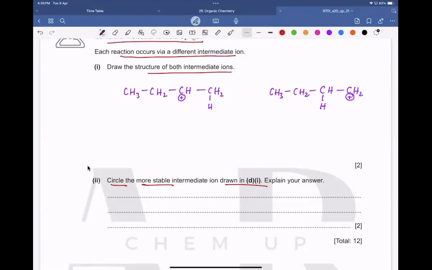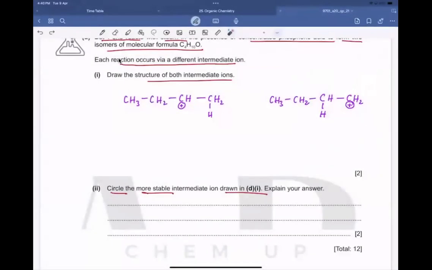Yeah, the left one is more stable, so I'll make a circle on this one.